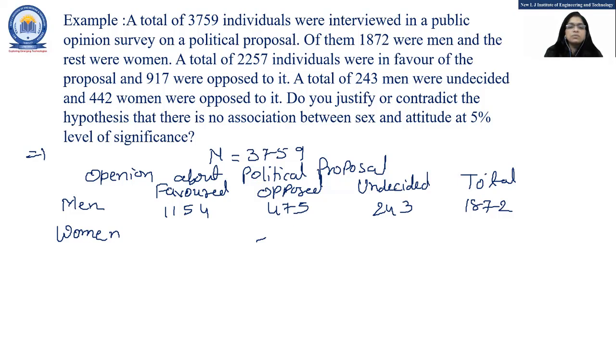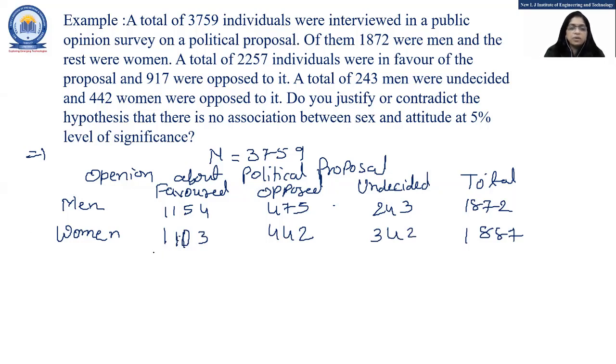Similarly, from the given data, here the total women are 1,887, right? So from these, 1,103 women were favoring the proposal, 442 opposed, and 342 undecided.